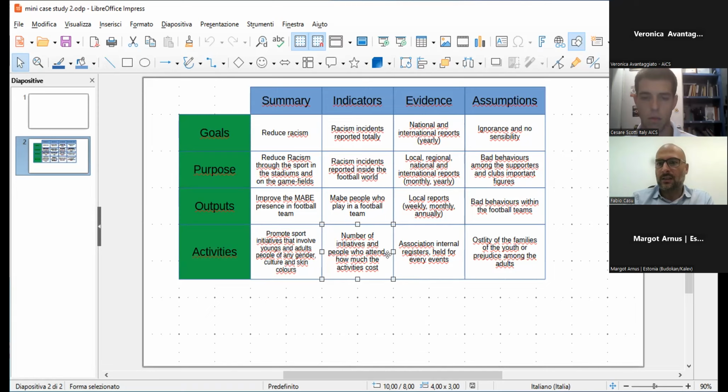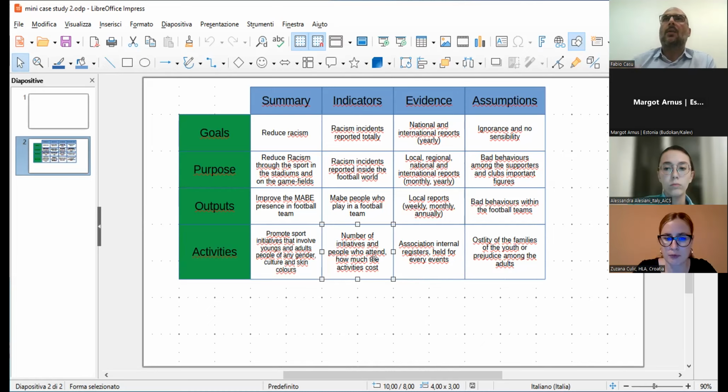That is how you calculate, but then the target is how many initiatives. So you can say number of initiatives, and my target is 5.